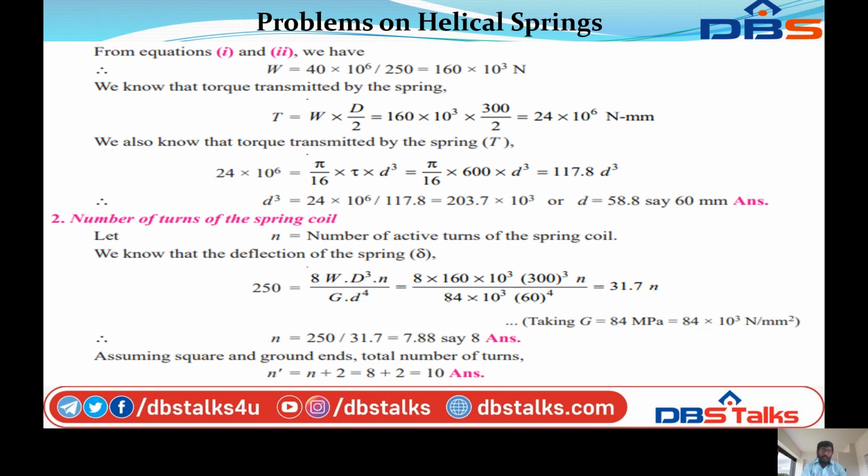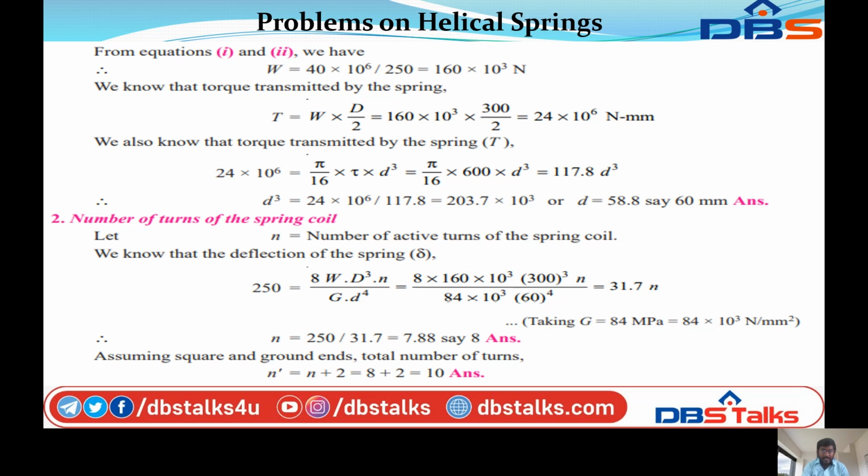We know that the torque transmitted by the spring T is equal to W into D by 2, that is equal to 160 into 10 cube into 300 divided by 2, that is equal to 24 into 10 power 6 Newton mm. We also know that the torque transmitted by the spring is equal to pi by 16 into tau into d cube, that is equal to pi by 16 into 600 into d cube.